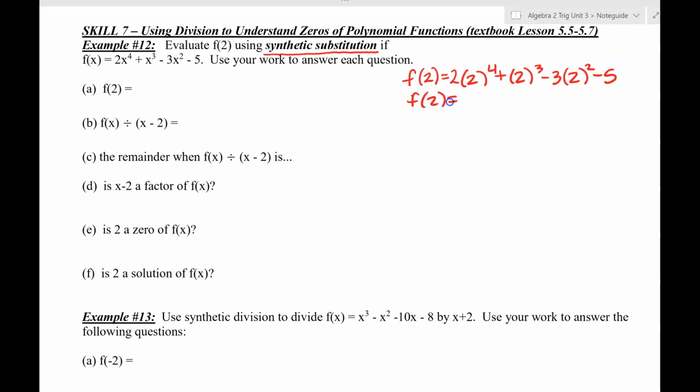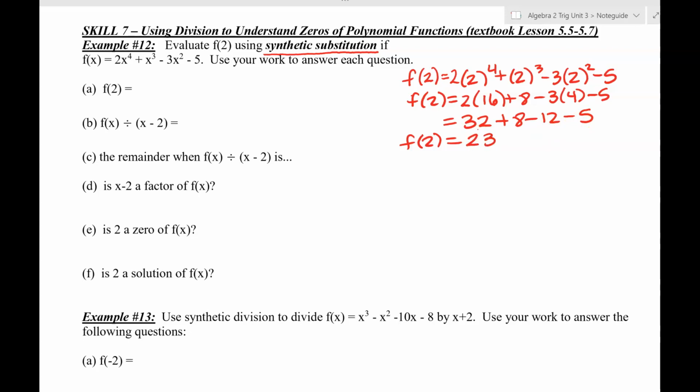So let's see what this gives us. 2 times 16, 8, 3 times 4, and 5. So we're going to get 32 plus 8 minus 12 minus 5. And that will tell us that f of 2 is, let's see, 40 minus 12 would be 28, minus 5 would be 23.